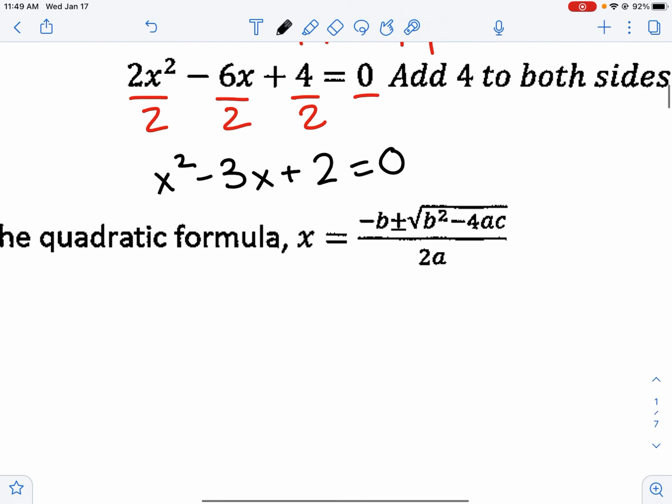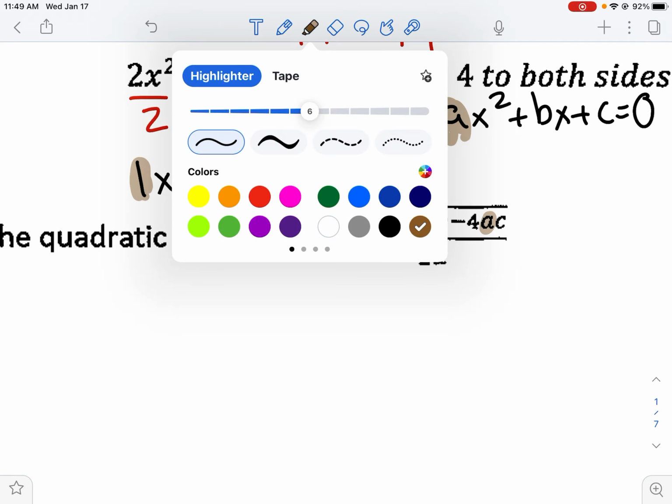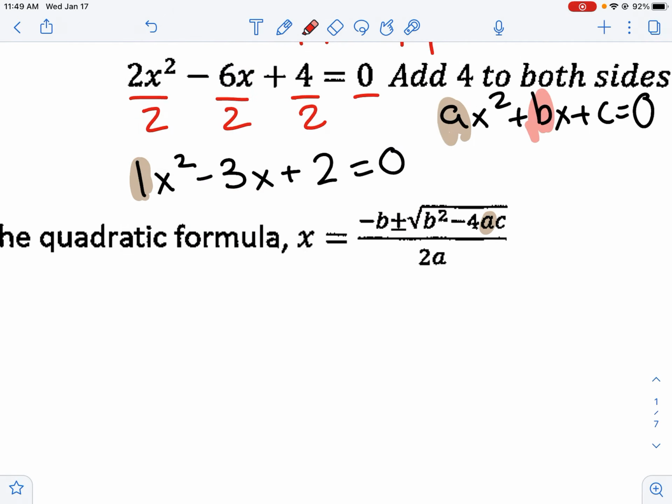So remember this: ax squared plus bx plus c equals 0. A, right here, is going to be 1, so 1 gets plugged in there. B, right there, is going to be negative 3, so B gets plugged in there.